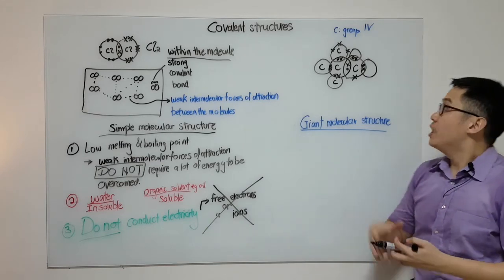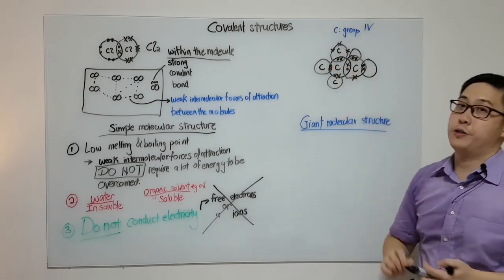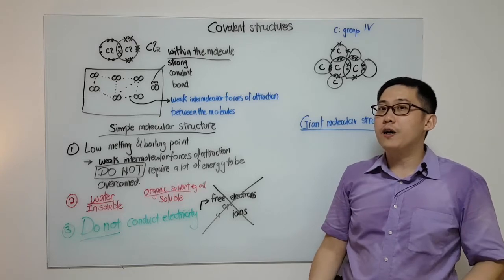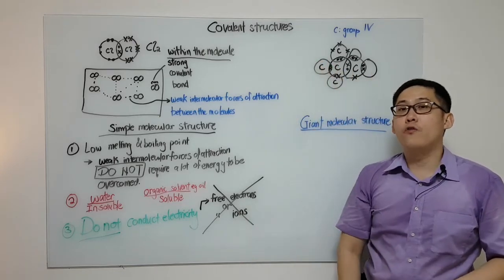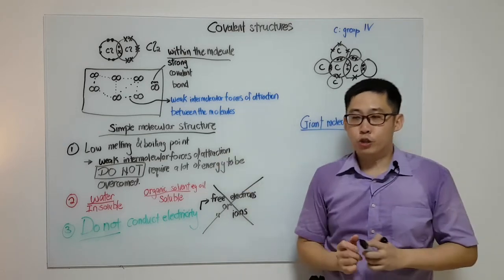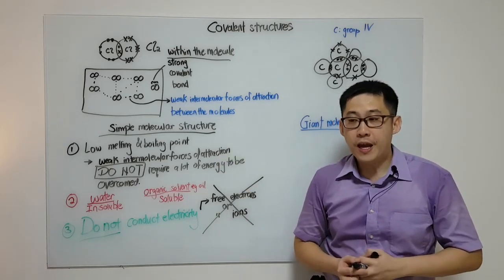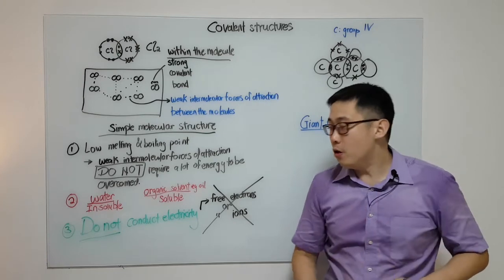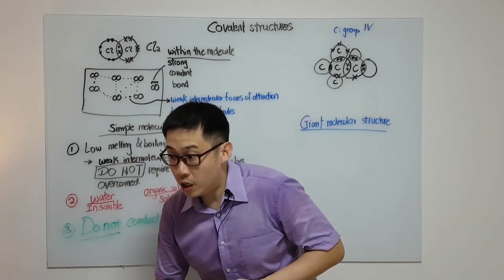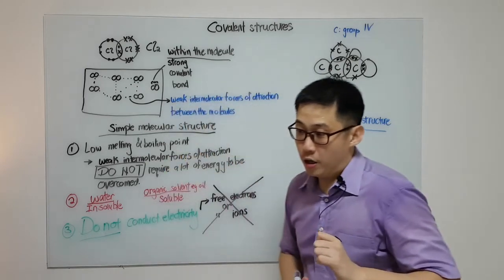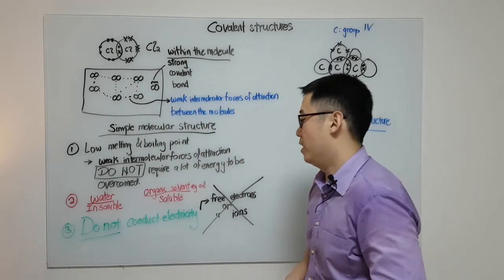Now, as you can see, each carbon will be bonded to 4 surrounding carbons, and as a result of this whole sharing and formation of covalent bonds will extend throughout the molecule. As a result of this, they will form what we call a giant network of atoms. They are covalently bonded.